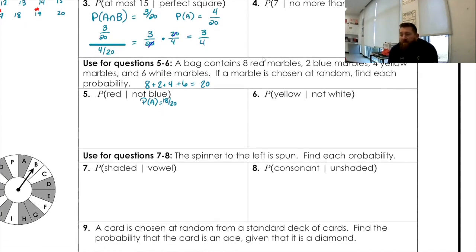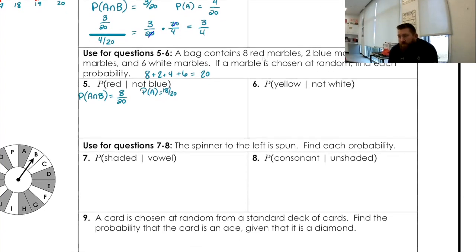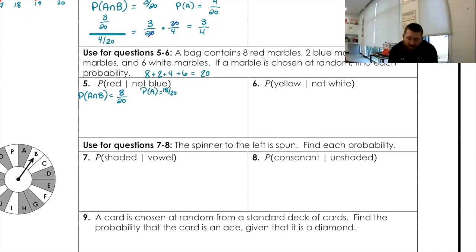And then the probability that it's not blue and is red. So of the marbles that are not blue, how many are red? Well, the not blue doesn't even change because there's 8 red marbles in the bag. We're going to go ahead and set up our formula.